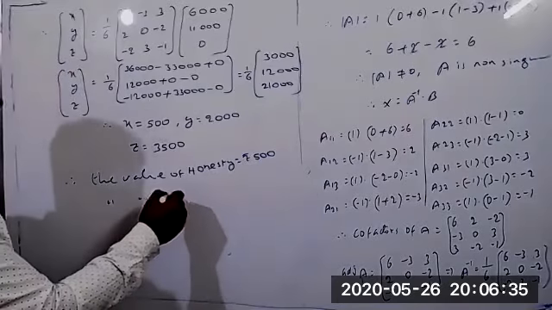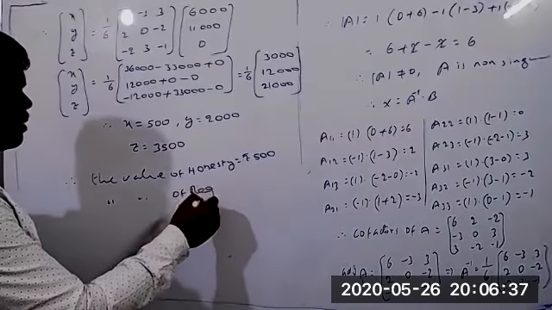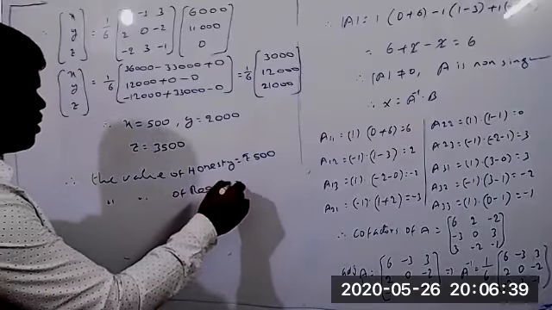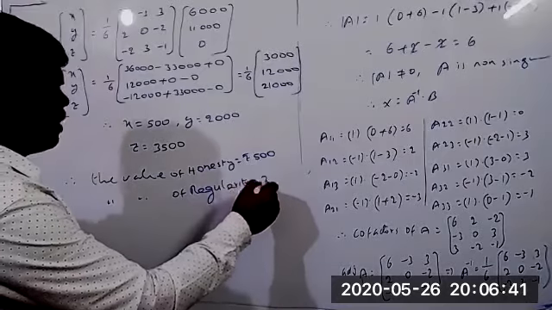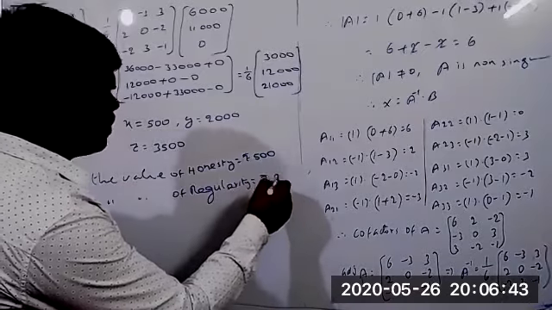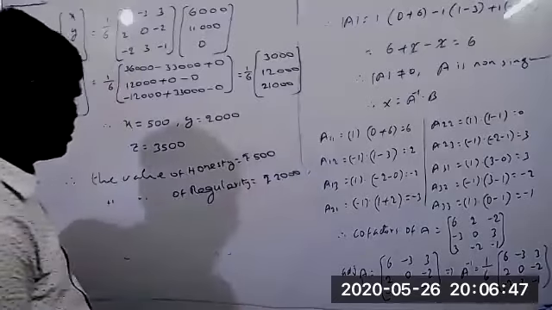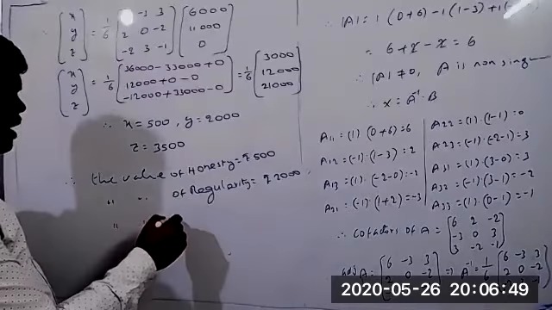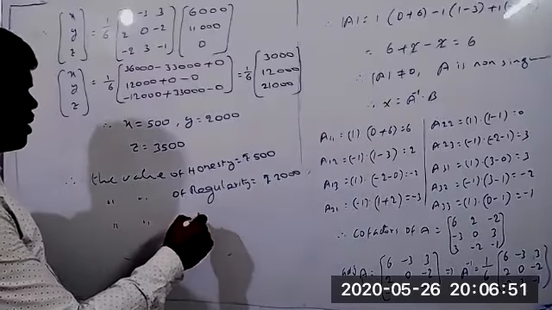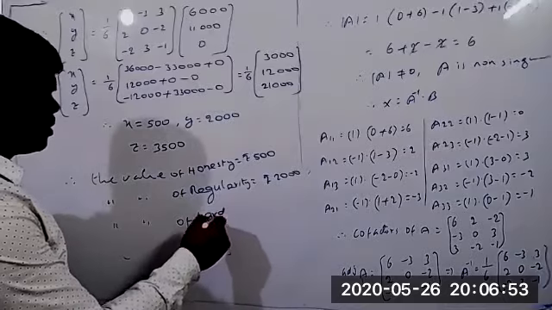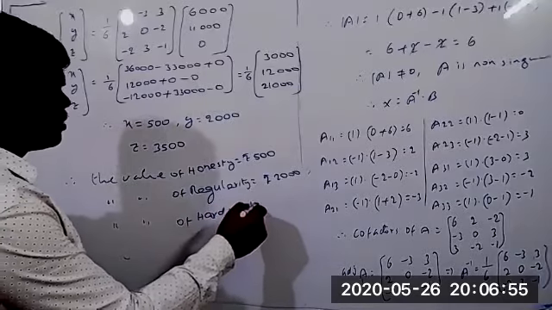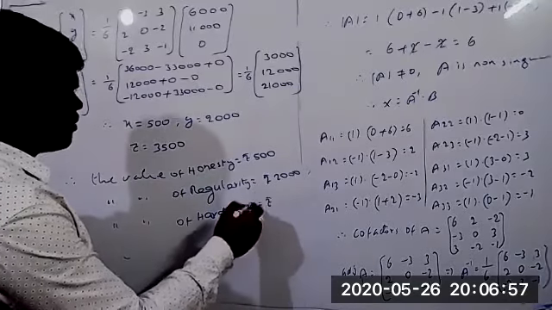Next, the same way, the value of regularity equal to 2000 rupees. The same way, the value of hard work equal to 3500 rupees.